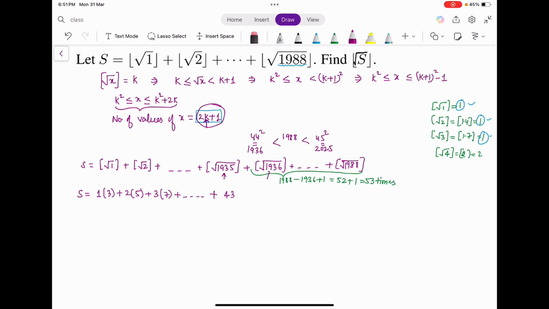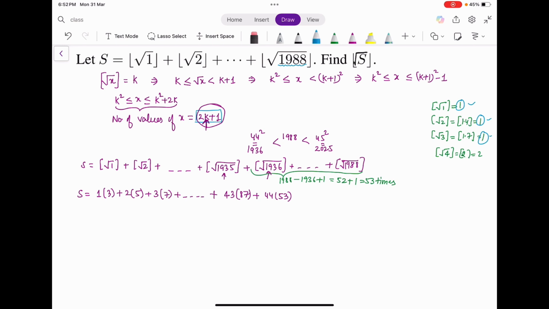After that, the greatest integer value of root 1936 will be 44. For 43, how many times total am I getting? Again put k as 43 here. So 43 into 2 is 86, plus 1, 87 times. Then starts 44, and 53 times I'll be getting that.